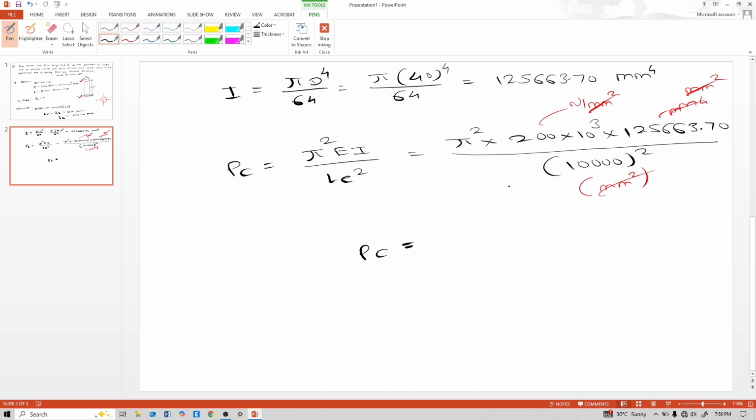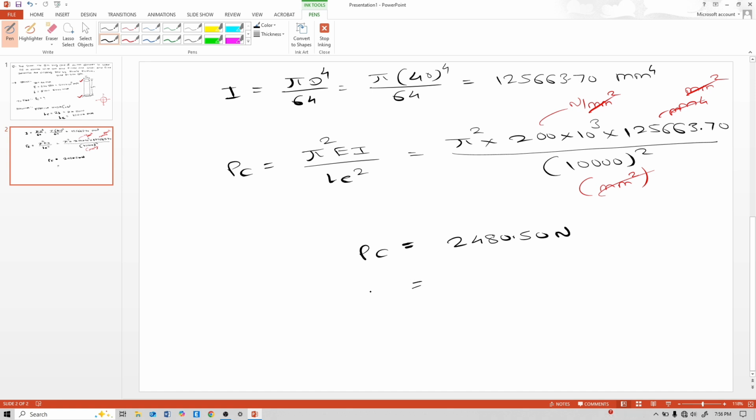So pi square into 200 into 10 raised to 3 into 125663.70 divided by 10,000 square is 2480.50 Newton. So this is the buckling load. At this load, this column will buckle.